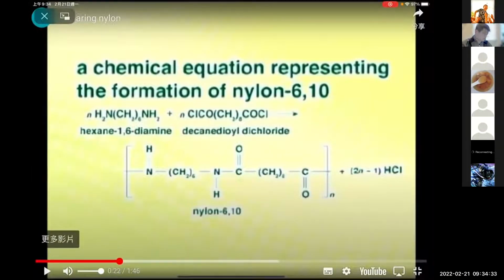If you read the one in the book, we would have hexanedioic acid, but not hexanedioyl dichloride. Do you see the difference? While the amine is the same, hexane-1,6-diamine. So, what is the difference between the 2?